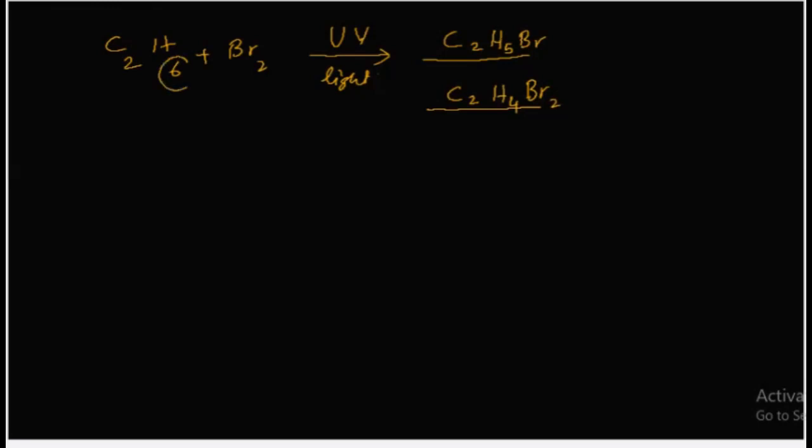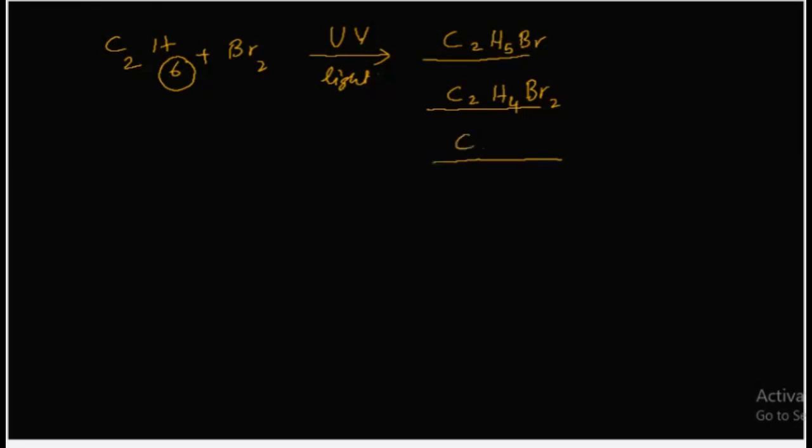There are 6 hydrogen atoms, which means 2 carbon atoms are bonded through a single covalent bond, and the hydrogens are also bonded through single covalent bonds. Bromine can also form a single covalent bond, so there must be 6 atoms attached to the 2 carbon atoms. If you replace the hydrogen and add the bromine, 5 plus 1, 6, then 4 plus 2, 6.